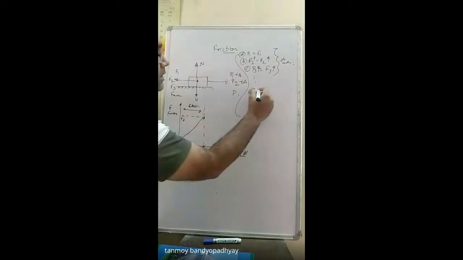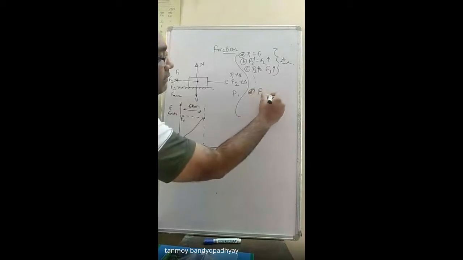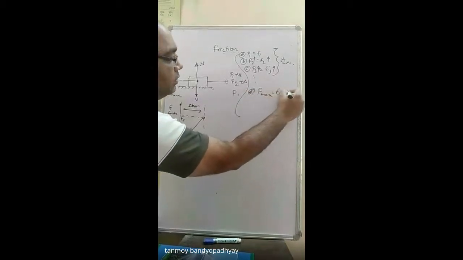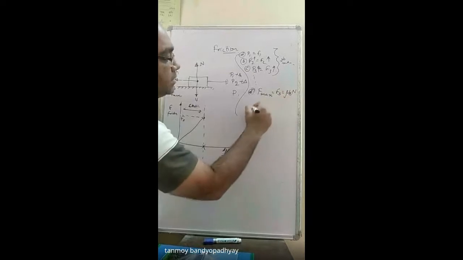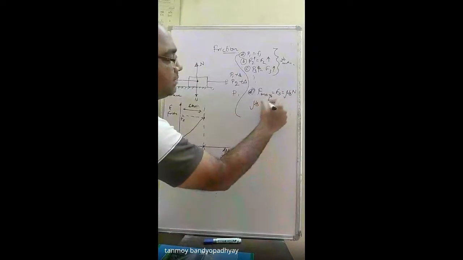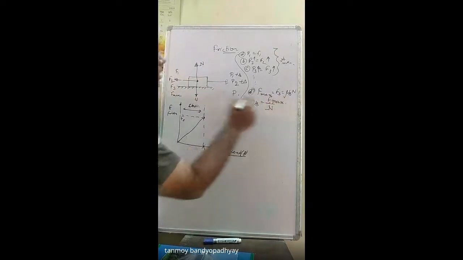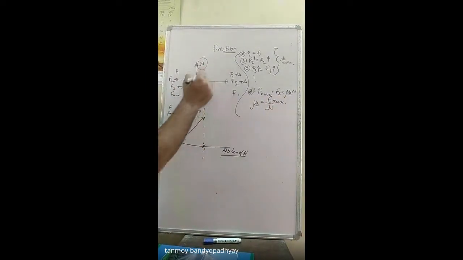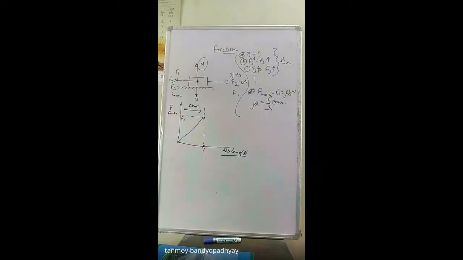That F max will be equal to mu s into N, so mu s is equal to Fs by N. This is the maximum frictional force divided by the normal reaction. As you can see, this normal reaction doesn't change. It depends on the loading on the body, so it will not be changing.